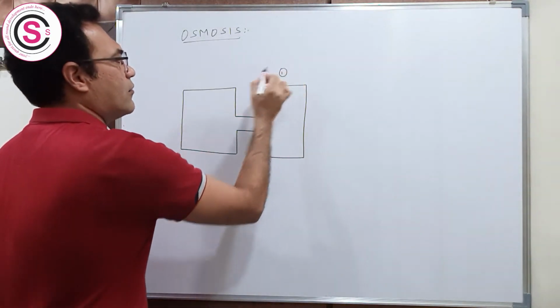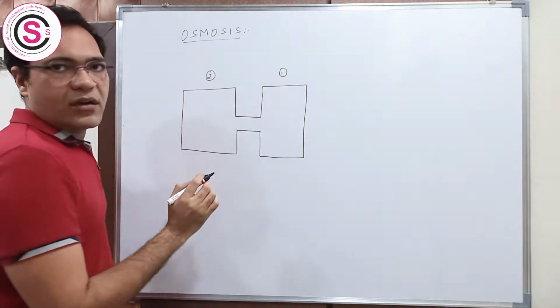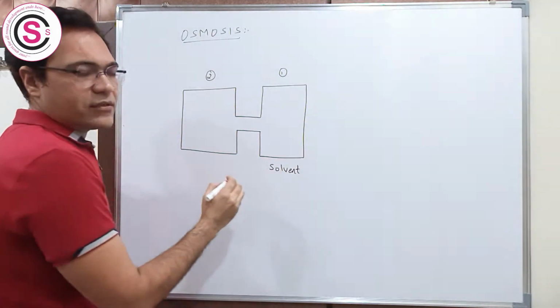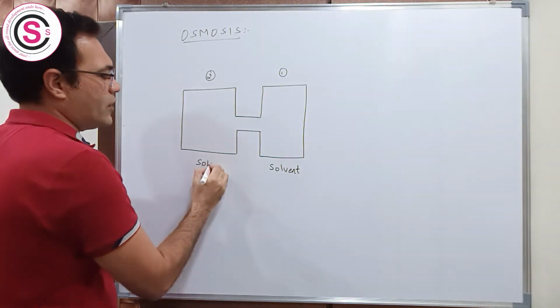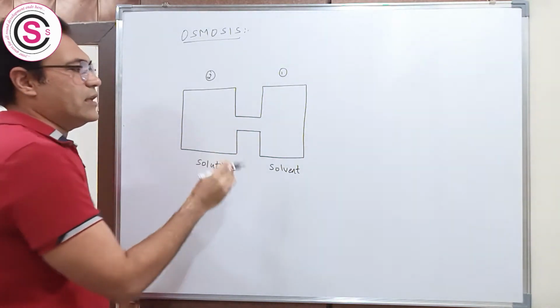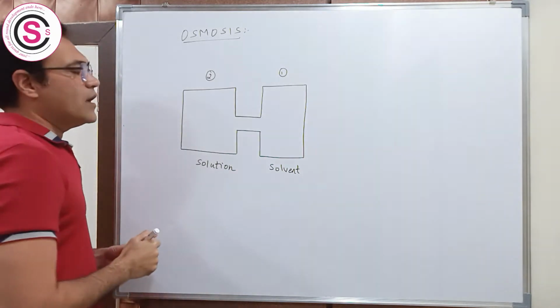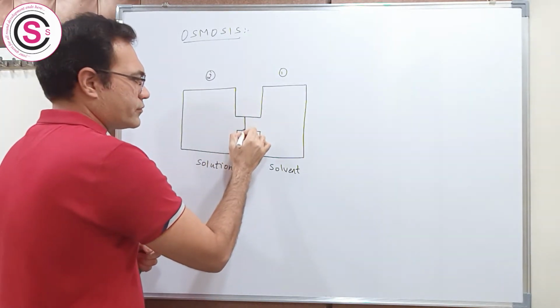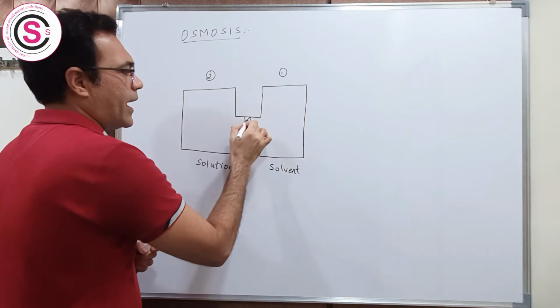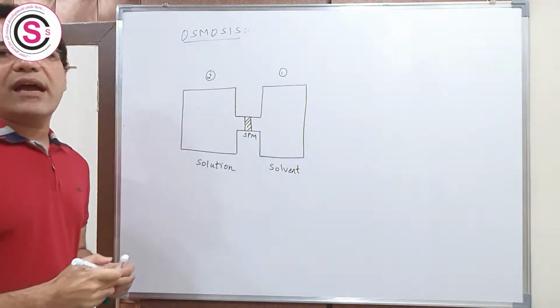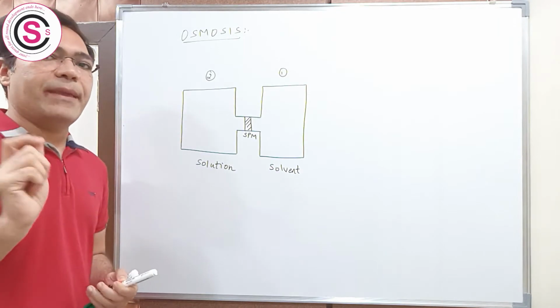This is container number 1 and this is container number 2. In container 1, I have filled pure solvent. In container 2, I have taken a solution, that is, I have mixed some solute in the solvent. In between them, I have placed a semi-permeable membrane, which I will write as SPM.